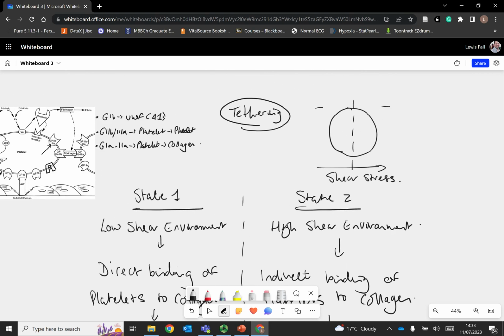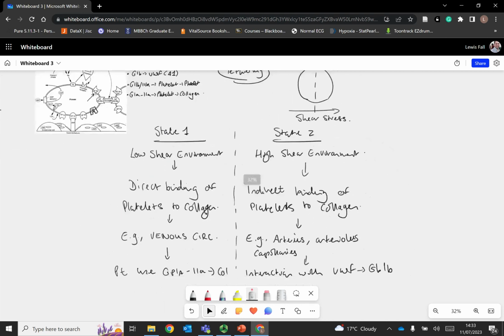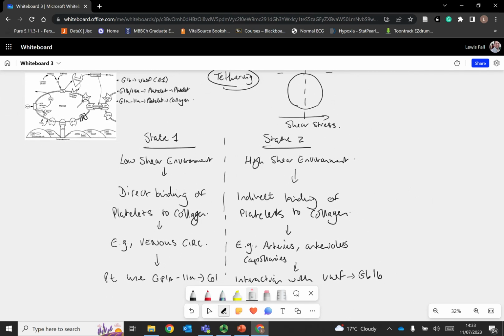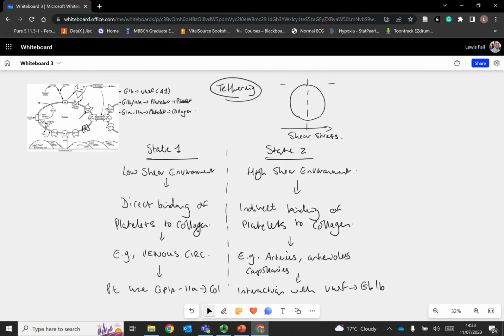So the A1 domain of the von Willebrand factor, that is our indirect, and the platelet to collagen is going to be our direct, and that brings together those two different environments, the low shear environment and the high shear environment, in other words, the venous circulation versus the arterial circulation.